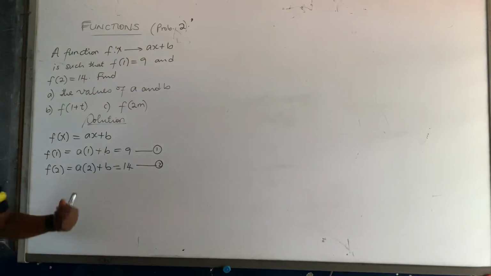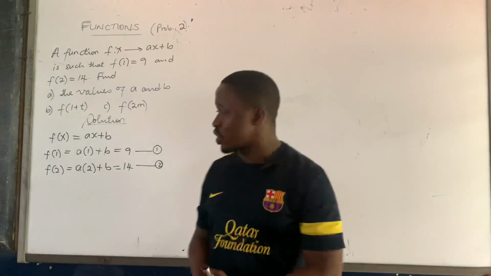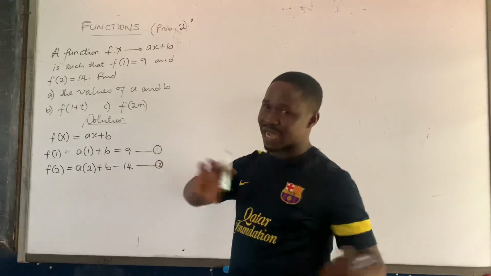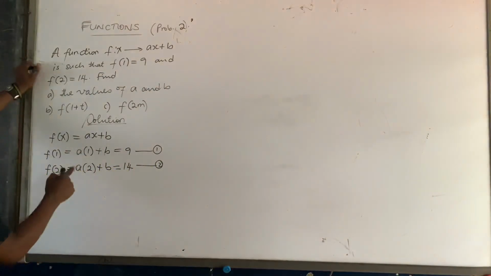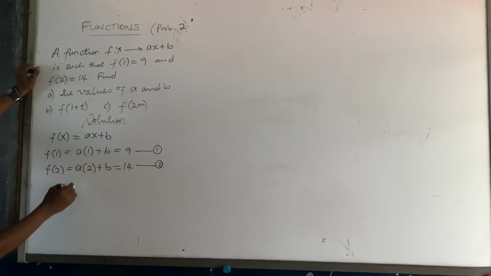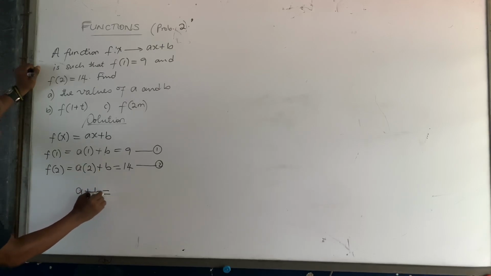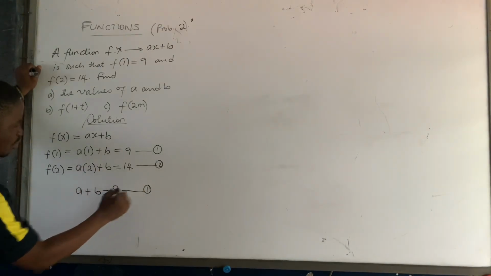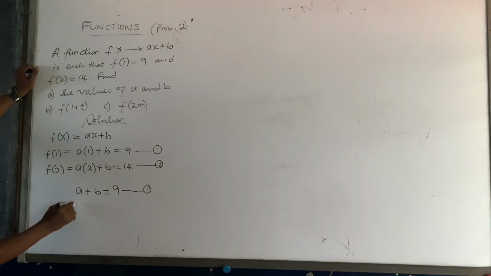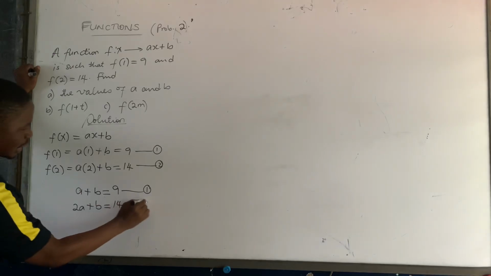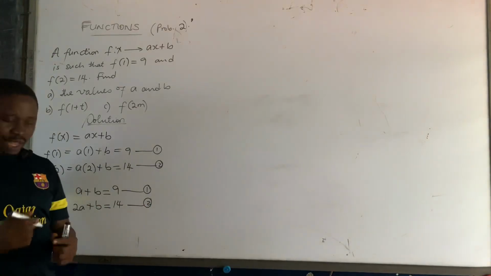So it is advisable that we extract the two equations. A times 1 is a, plus b equal to 9 as the first equation. A times 2 is 2a, plus b equal to 14 as the second equation.